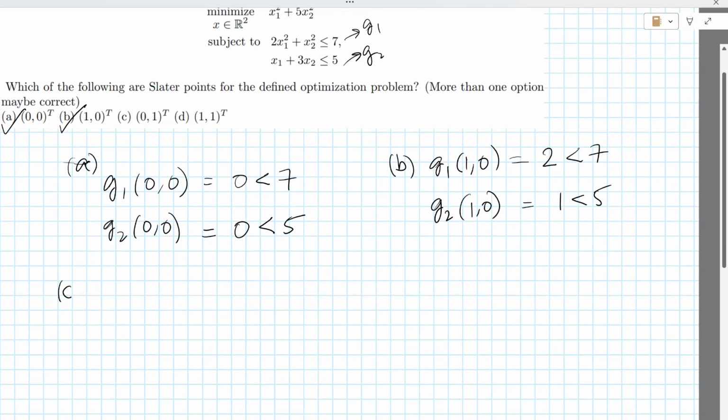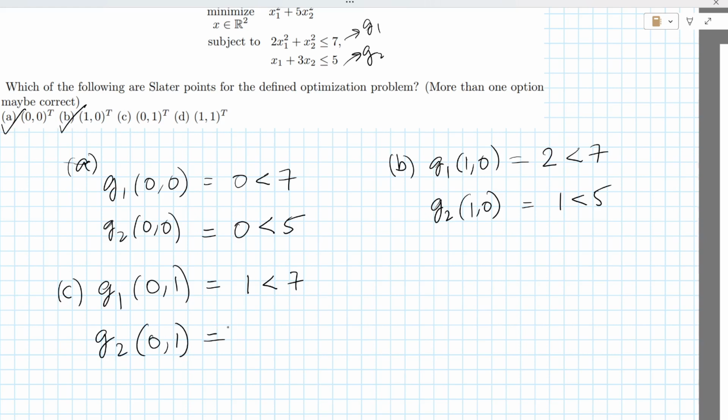If I look at C, G1(0, 1) is 1, less than 7, and G2(0, 1) is 3, less than 5. So this is also a Slater point.